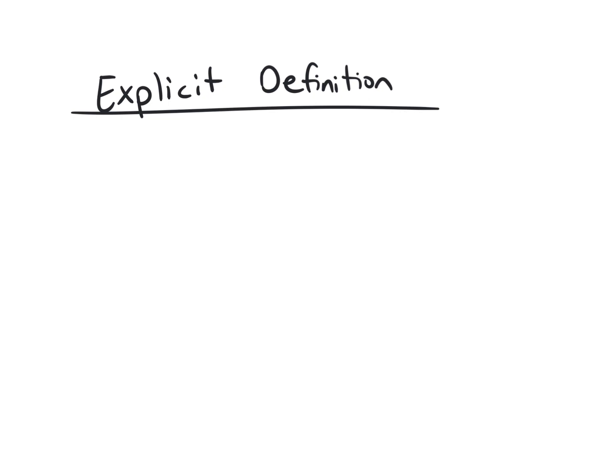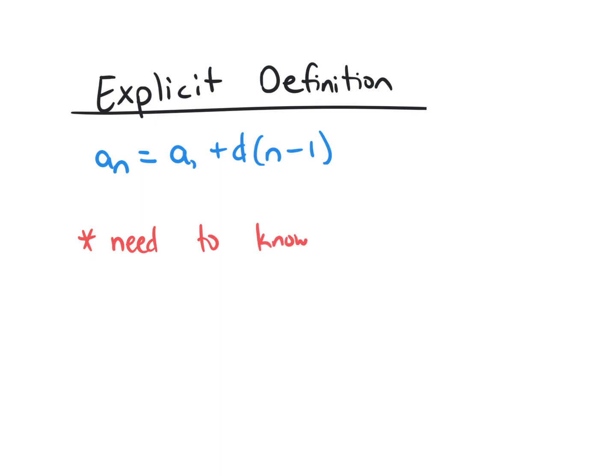So this explicit definition is a sub n equals a1 plus d times n minus 1. Again, what are the 2 things you need to know? You need to know A1 and D. If you have both of those things, you're good to go.